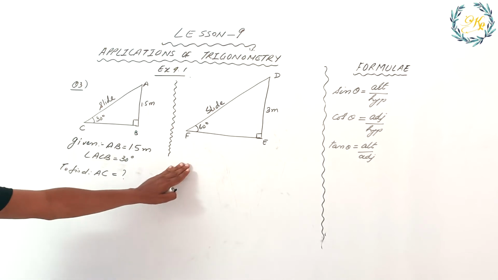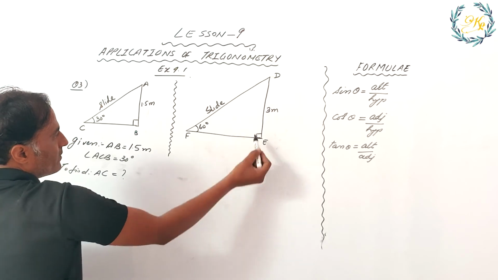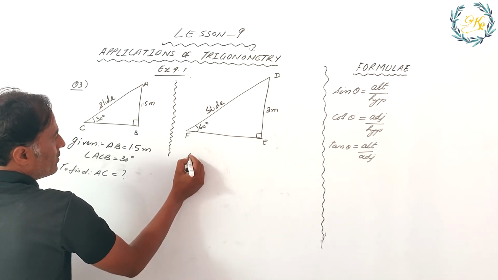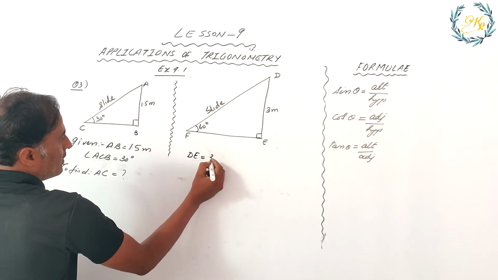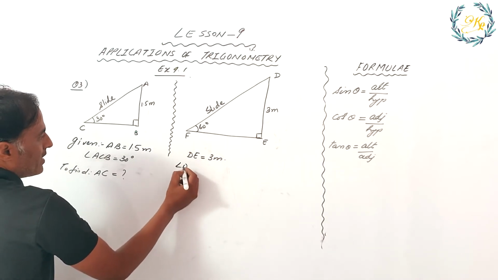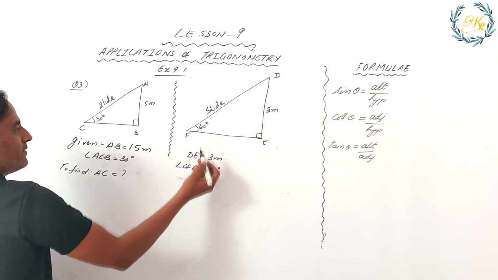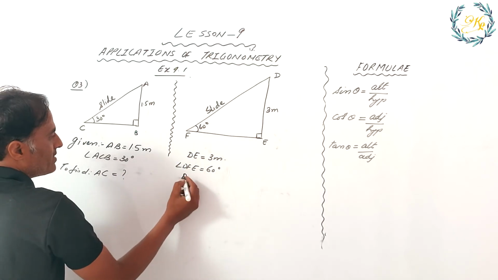Similarly, on the right hand side, we are given the height of the slide from the ground, that is DE, which is equal to 3 meters. We are also given theta, that is angle DFE, as 60 degrees, and we have to find the length of the slide, that is DF.